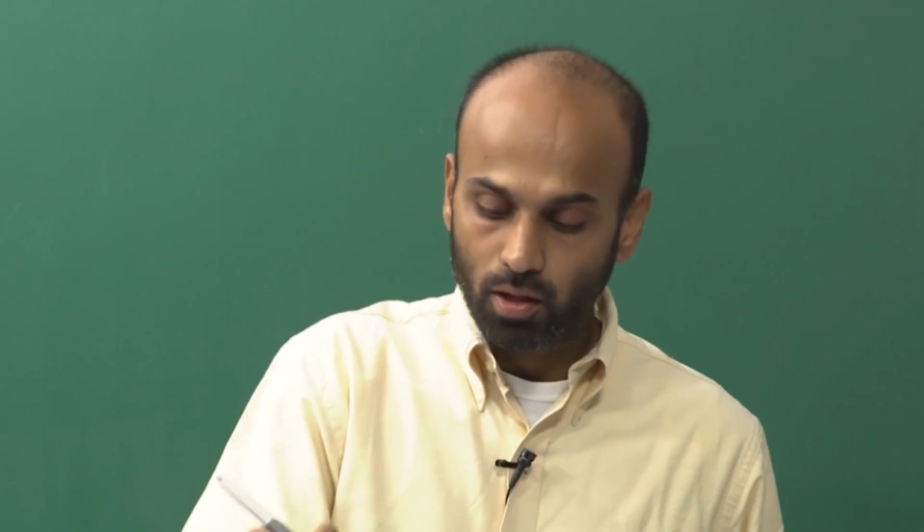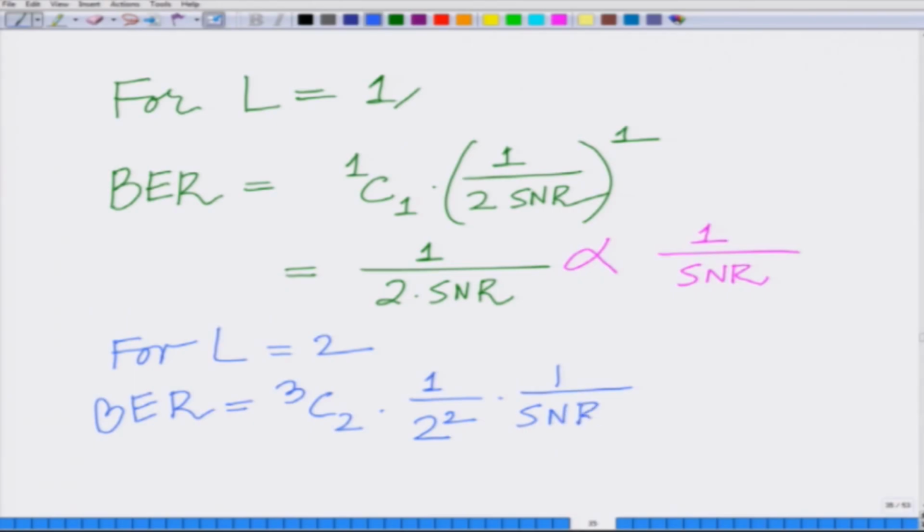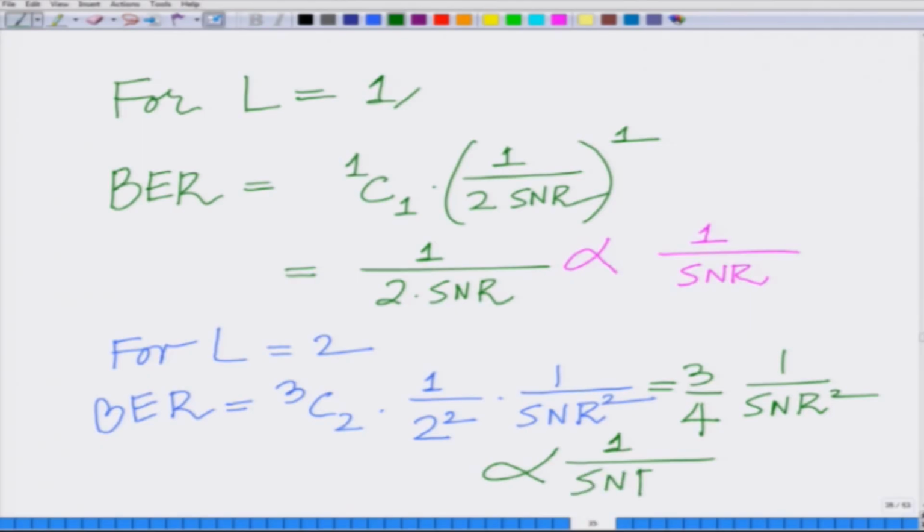Now, what happens with L equal to 2 antennas? For L equal to 2, and this also we have seen earlier, my bit error rate equals 3 choose 2 times 1 over 2 square times 1 over SNR square, which is equal to 3 by 4 times 1 over SNR square, which is proportional to 1 over SNR square.